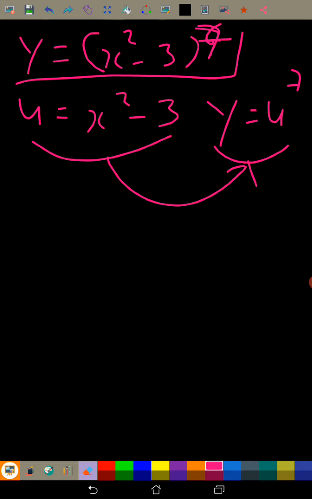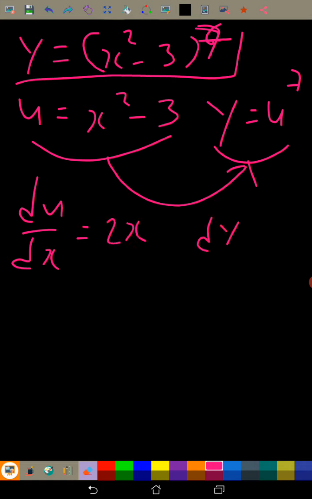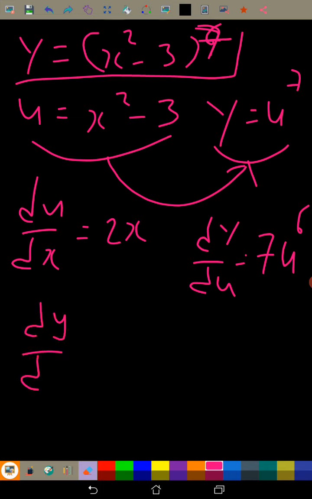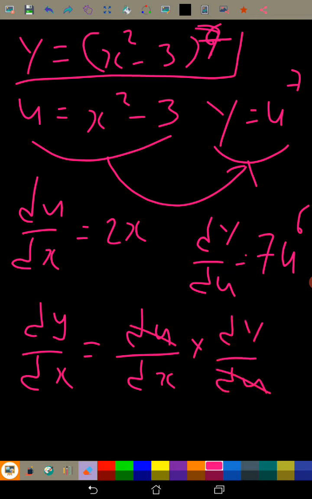Here du by dx is going to give you 2x, and dy by du is going to give you 7u to the power of 6. So we can say dy by du multiplied by du by dx gives you dy by dx. We have these two, so we just have to multiply.